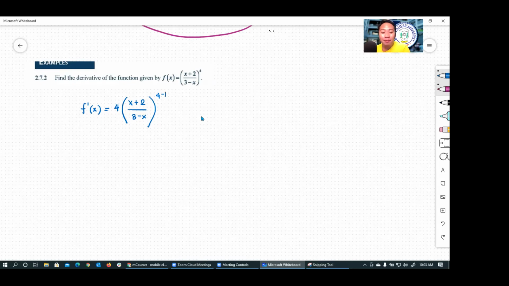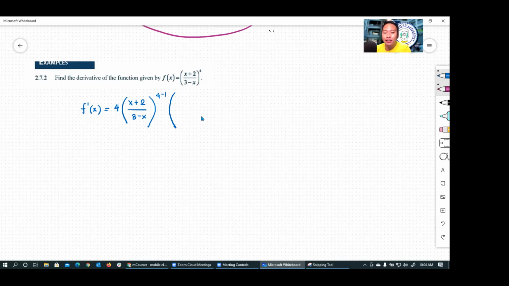The process is familiar, we are using the power rule. Then you multiply everything by the derivative of what's inside the parentheses. Clearly, the expression inside the parentheses is in fraction form, and to take the derivative of a fraction, we use the quotient rule.